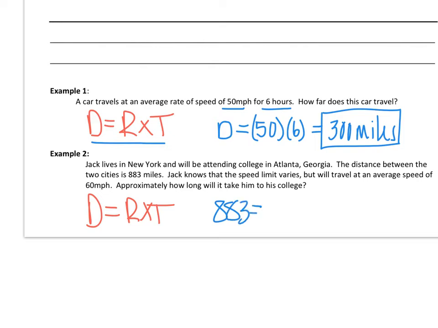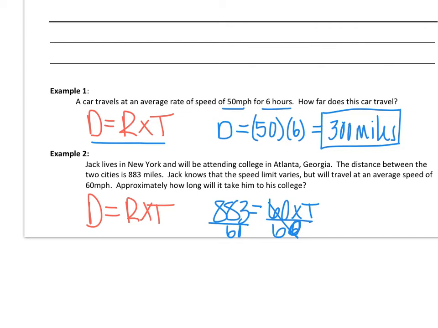883 equals, but it doesn't give us the time. It gives us the rate of 60 miles per hour times time. We don't know how long it is. That's what it asks us for. So we're going to solve this equation simply by moving the 60 over and dividing both sides by 60.